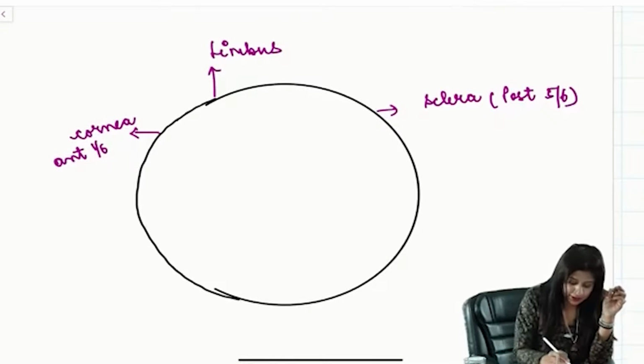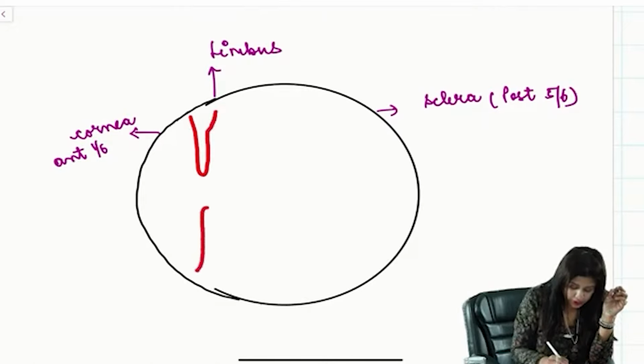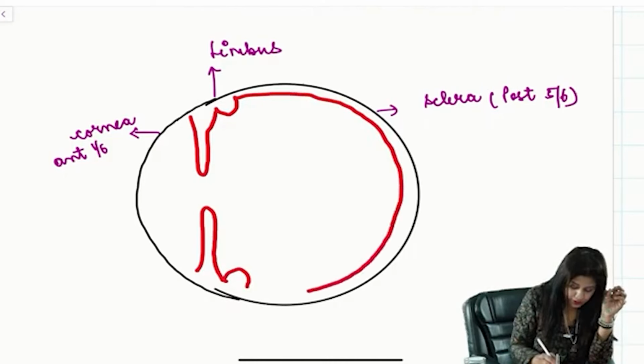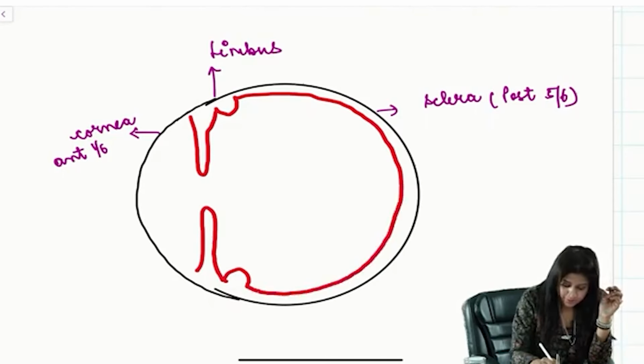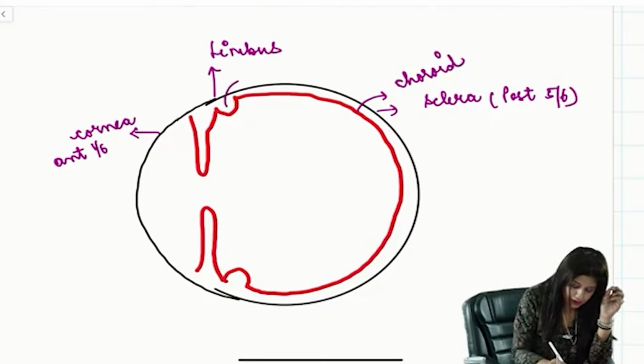Then for the middle, I am using a red color because it is the vascular coat. This is the middle one with the ciliary body and the choroid. This is the choroid, then the ciliary body, iris, and posterior to the iris we will have the lens.